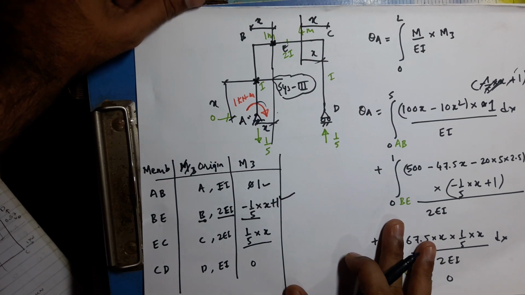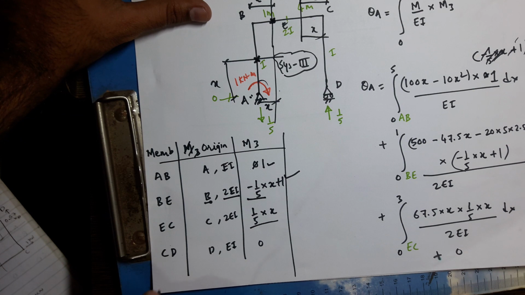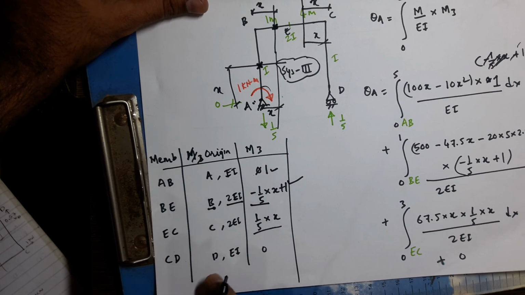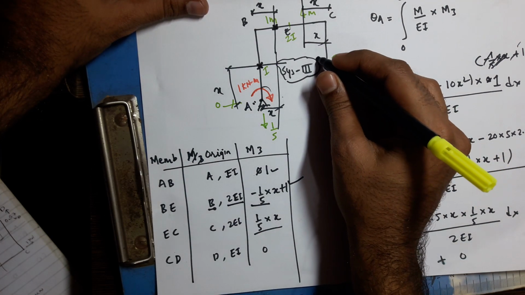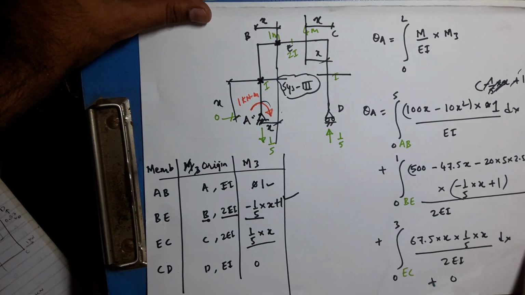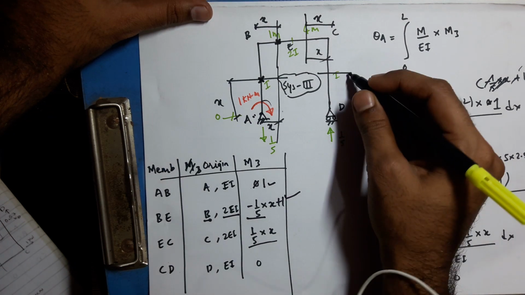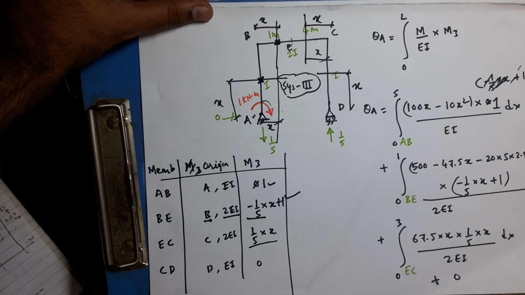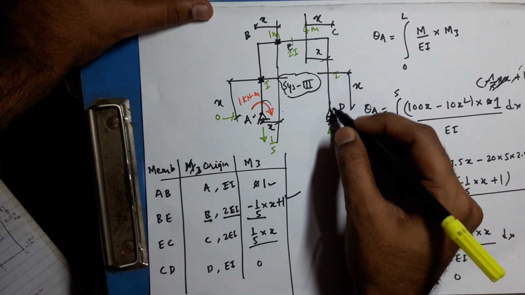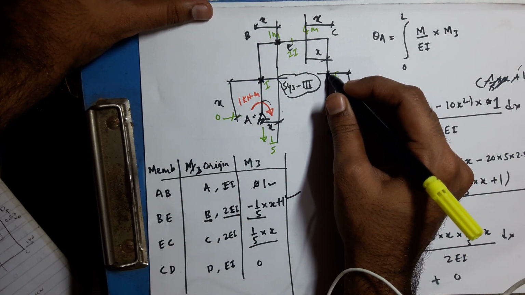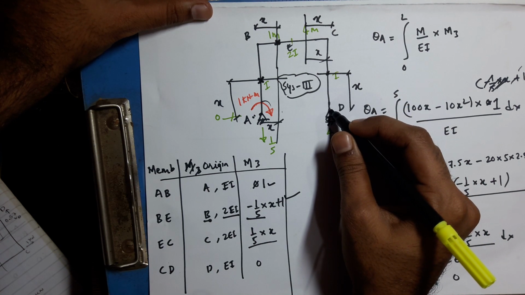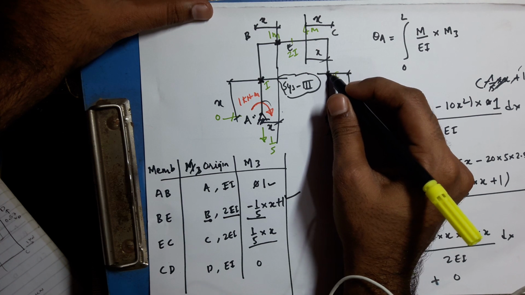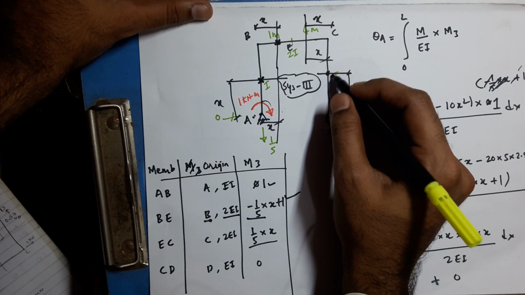Now the next member we have is CD, and the origin is already defined. Take a section in member CD. The origin is D, so the x distance will be from D. You have to calculate the moment at this point, and since D is the origin, you have to go from this point to this point to calculate the moment about this section.